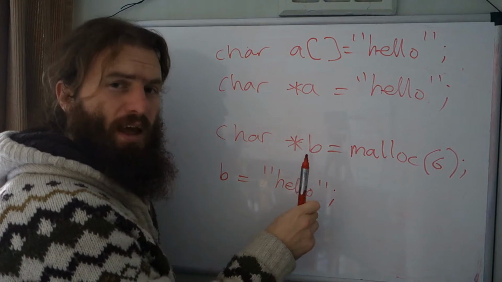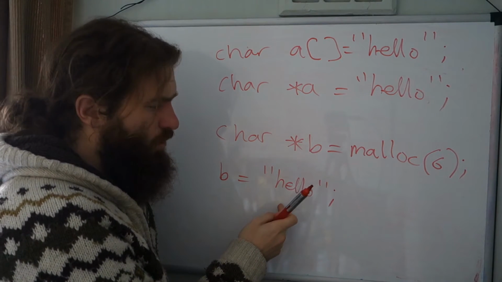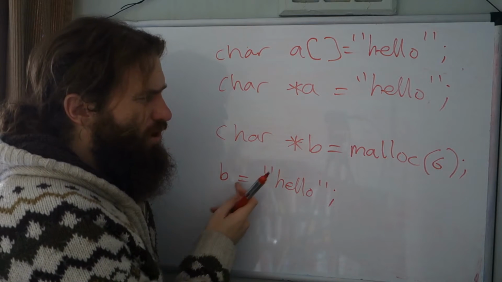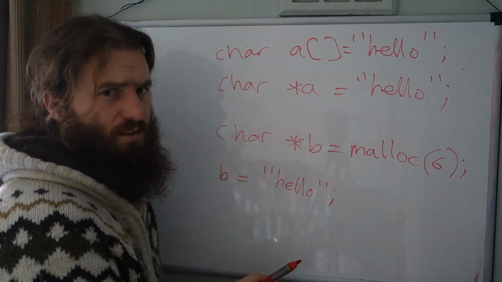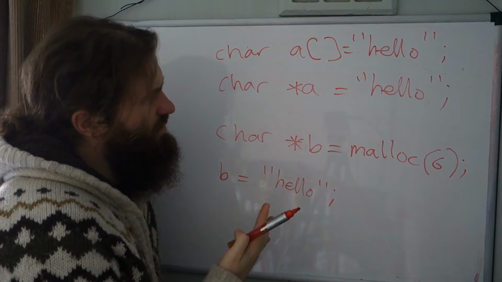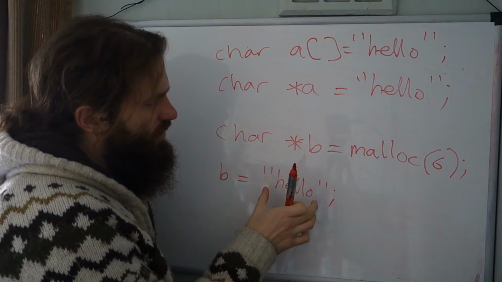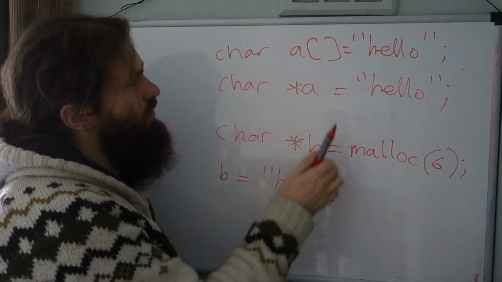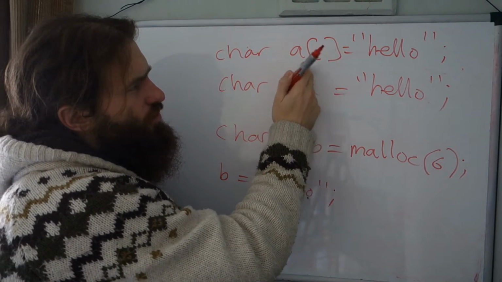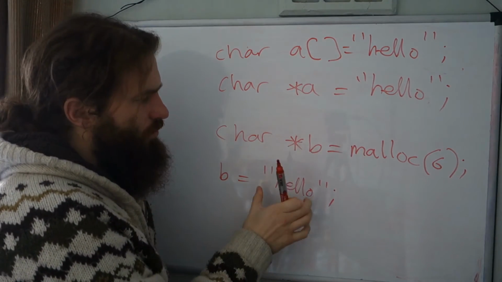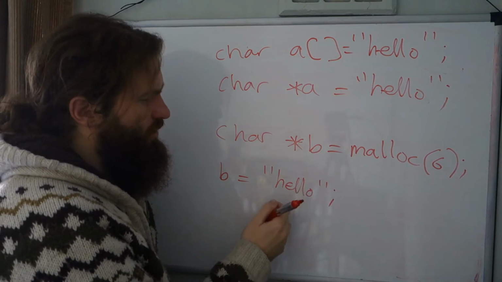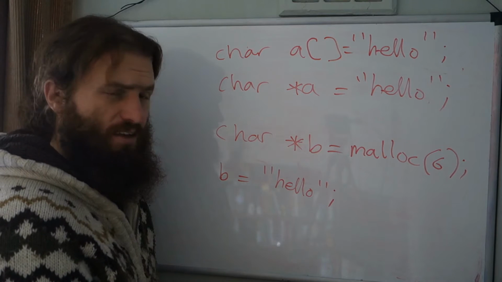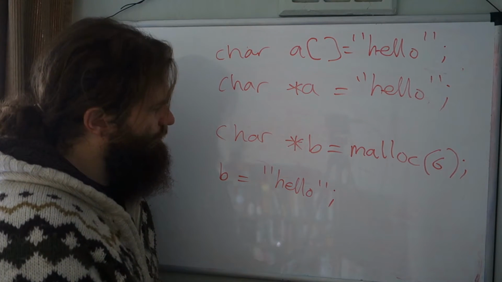This string literal will be allocated in static memory, and then the pointer to hello will be copied into B, and B will no longer point to the memory we allocated. So that really shows you the difference. Whenever a string literal is used anywhere other than in a character array declaration, it will be allocated in static memory, and a pointer to it will be passed back as the thing that's being assigned.